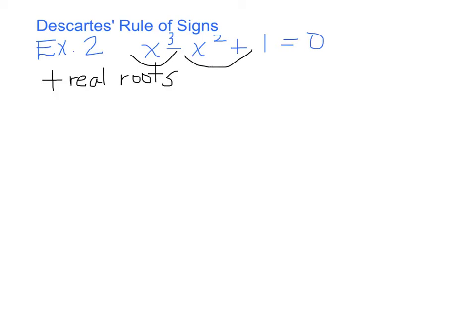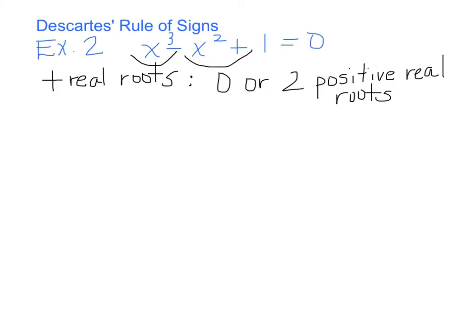So that means that there are either 0 or 2 positive real roots. So you know how you make your list? That's telling you that there could either be 0 or 2 positive real roots.